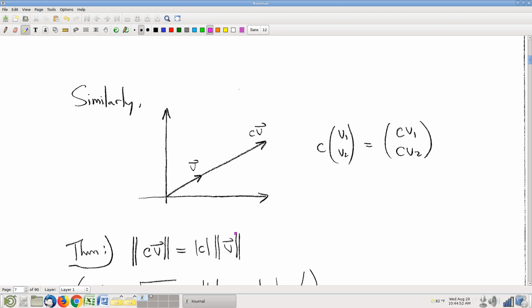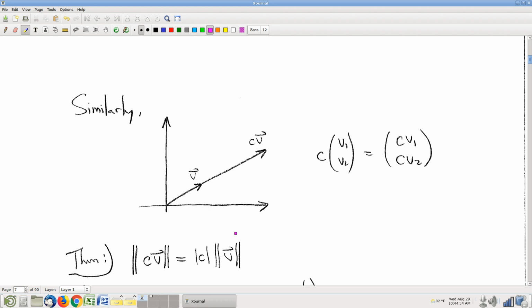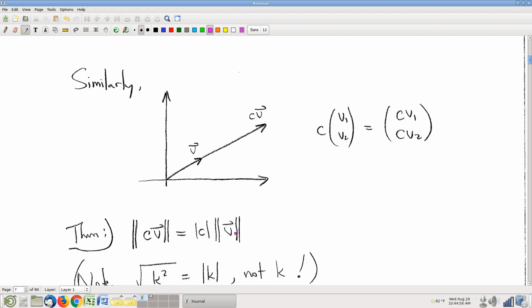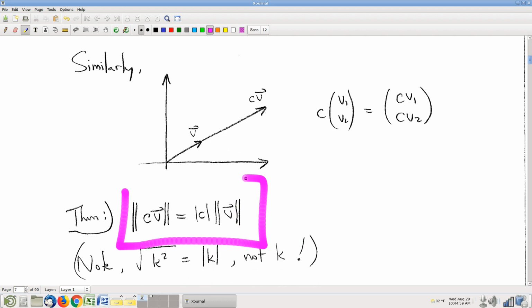Okay, here's a theorem. I'll give away the game. I'm going to suggest that y'all prove this theorem. This theorem is extremely believable. A lot of students misunderstand where these absolute values come from. That's an absolute value of this scalar c. A lot of students think as follows.